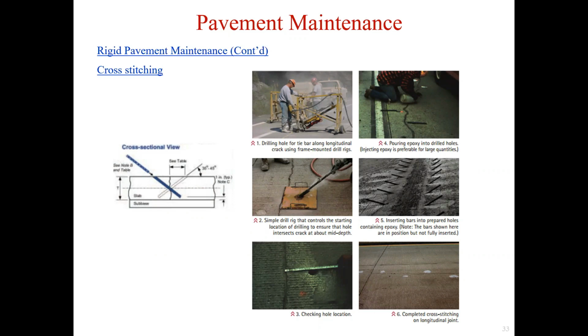The bar is then fixed in place using epoxy grout as the stitch, and the surface is flattened. The epoxy fixing operation is best carried out during warmer weather or during the middle of the day when the crack will be most tightly closed.